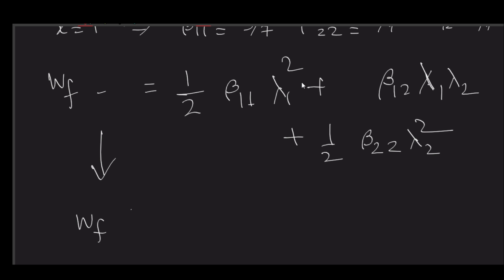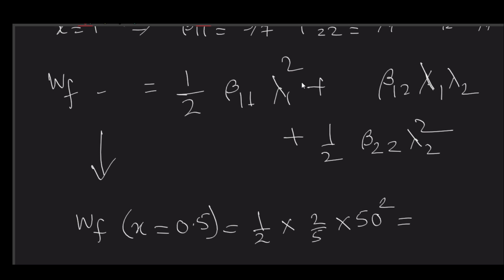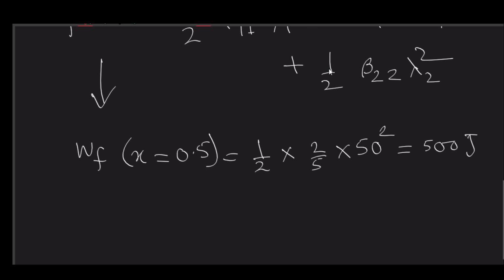At x is equal to 0.5, WF will be half into 2 by 5 into 50 square. So that will give you something like 500 joule, and WF at x is equal to 1 will be how much?